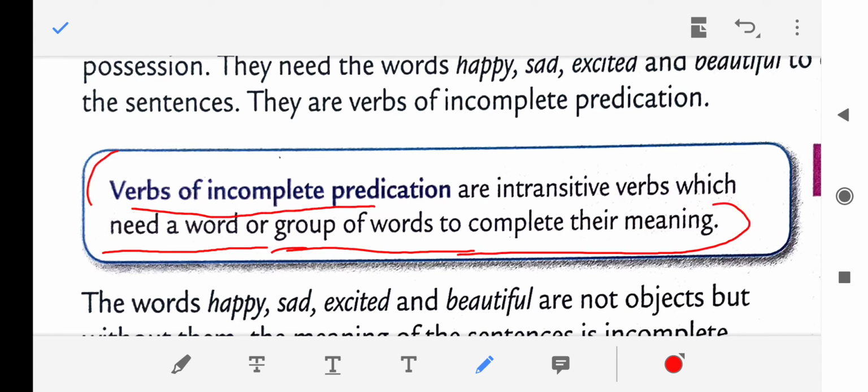So verbs of incomplete predication are basically intransitive verbs which require a word or group of words to complete their meaning.